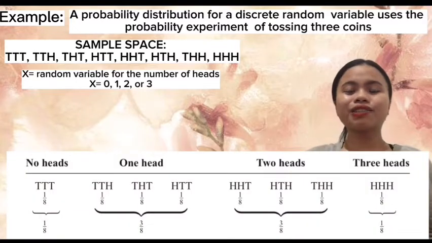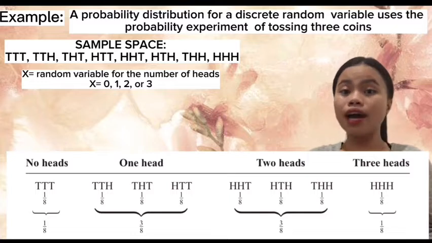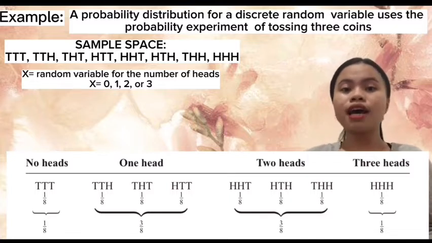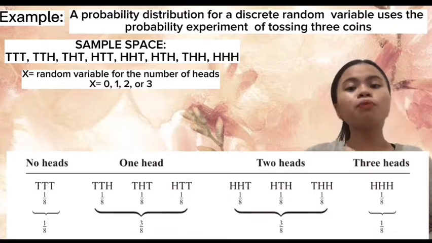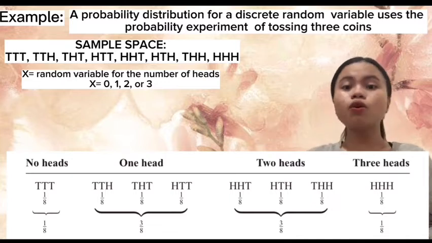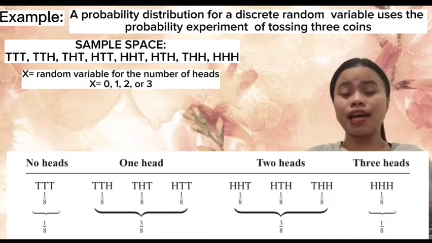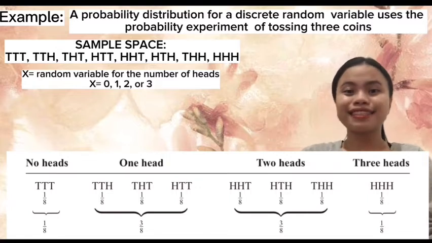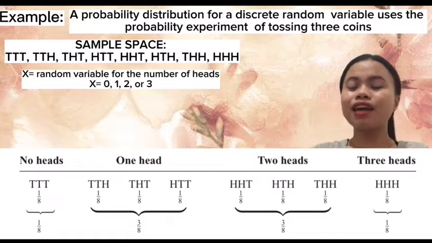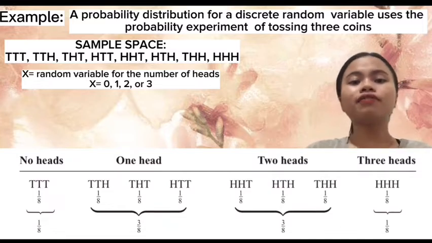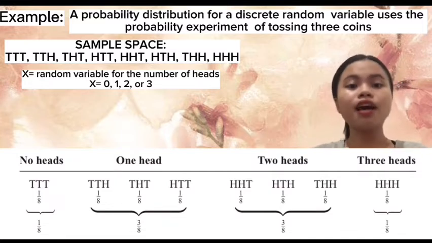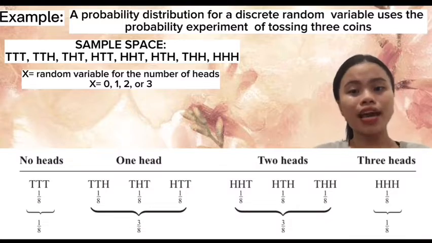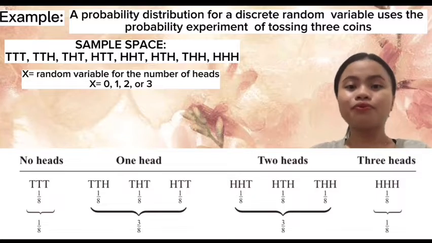As you can see on the screen, it was separated into no heads, 1 head, and 2 heads. The sample space outcomes were also put in their own place. The total number of sample space is 8. That's why the denominator is 8, as you can see. Therefore, the probability of getting no heads is 1/8, one head is 3/8, two heads is 3/8, and three heads is 1/8.